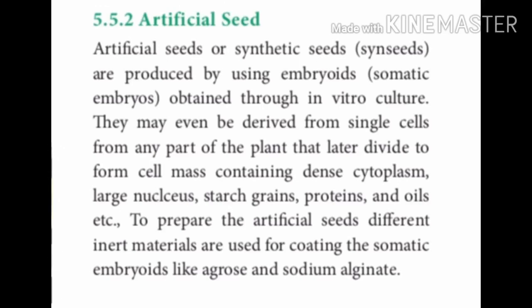They may even be derived from single cells from any part of the plant that later divide to form cell mass containing dense cytoplasm, large nucleus, starch grains, proteins and oils, etc. To prepare the artificial seed, different inert materials are used for coating the somatic embryoids like agarose and sodium alginate. So the embryoid is there, the embryo is surrounded by these materials. It may be of agarose or sodium alginate. So this synthetic seed is formed.